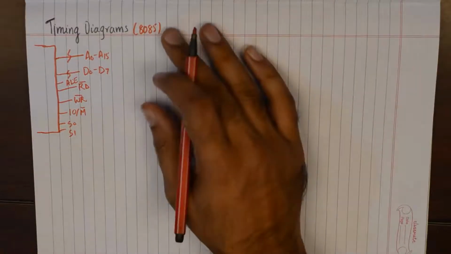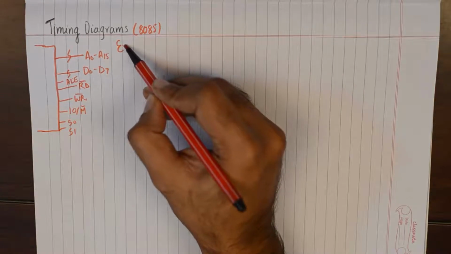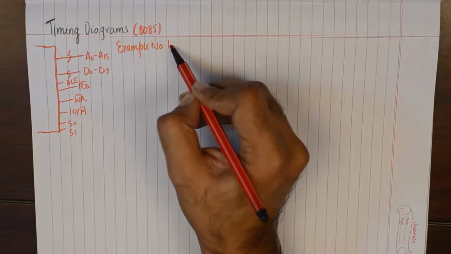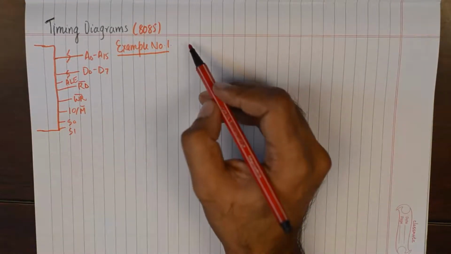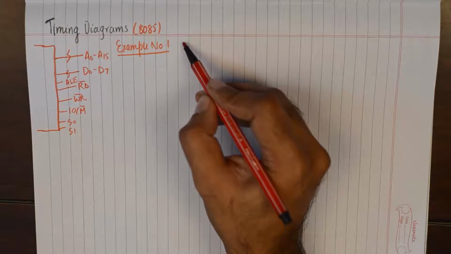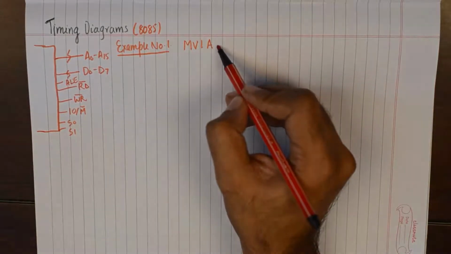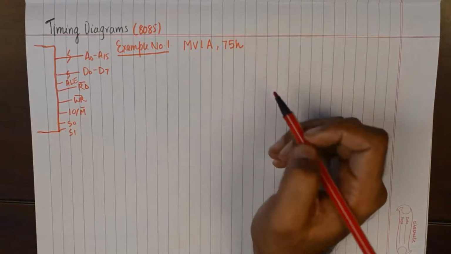So we'll start with example number 1. I'll take a simpler instruction, for example MVI A, 75H.